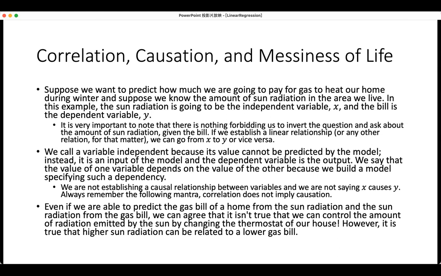For example, suppose we want to predict how much we are going to pay for gas or heat at our home during the winter in the US. Heating up the house is expensive, especially for states in the north, because the majority of states have snow in winter.